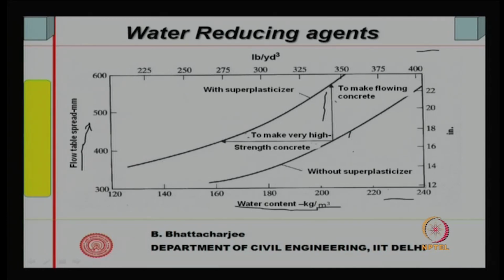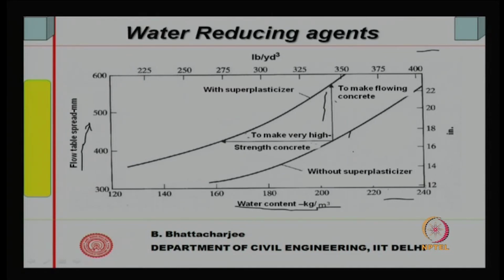So, superplasticizer can be used to increase the workability at a given strength without adding any more water. You can increase the strength for the same workability by reducing the water content and keeping the cement the same.